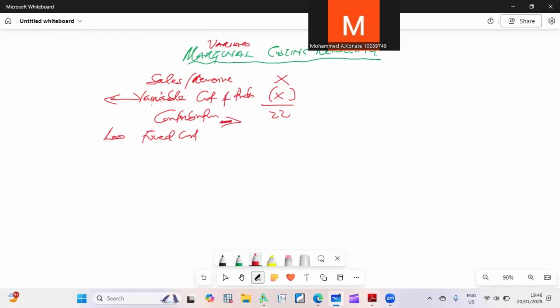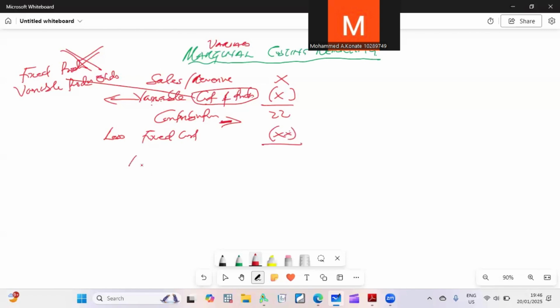Production overheads are grouped into fixed production overheads and variable production overheads. So when we are doing the marginal or variable costing system, we don't add the fixed cost. All fixed costs are deducted after you get your contribution so that you get your net profit. So this is how we do it.